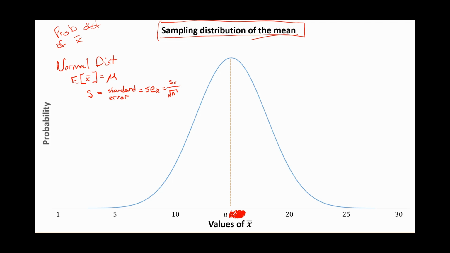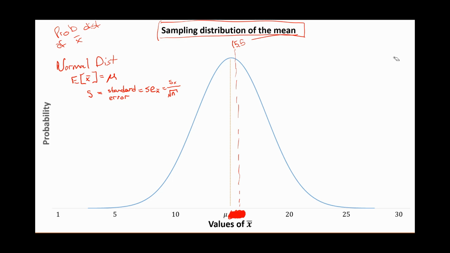We don't actually know this 15. We don't know the population mean. What we do know is that the average, or the expected value, of the sampling distribution of the mean is equal to the population mean. And we're just going to get one value, because we have one sample, so we get one value from this distribution, and that's our sample mean. And we know what our sample mean is. So here's our sample mean, 15.5.